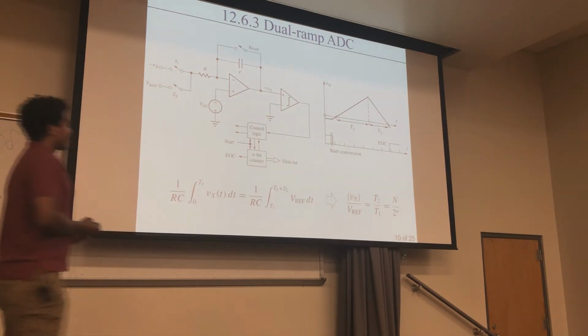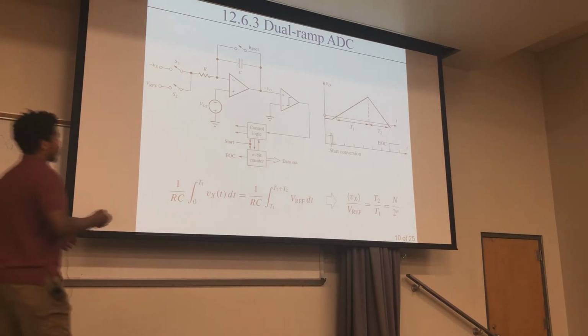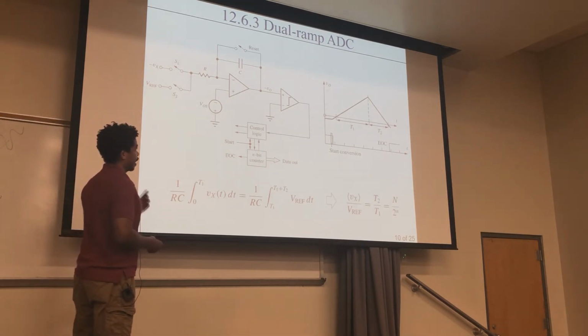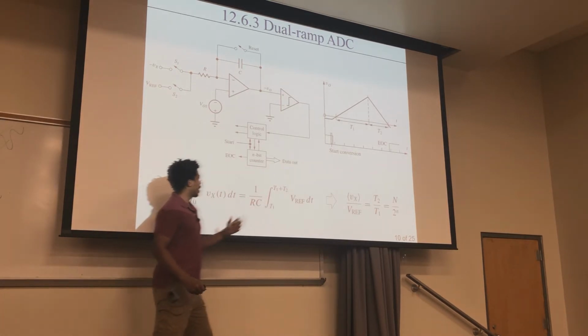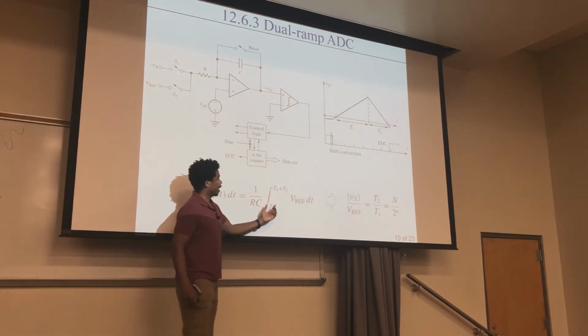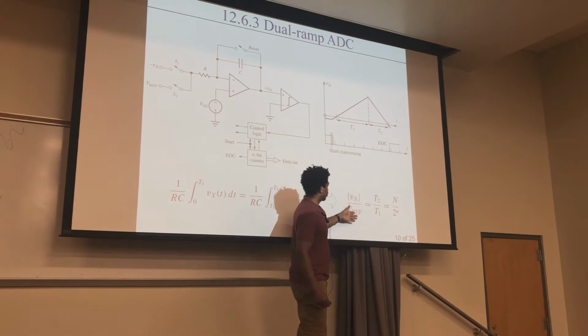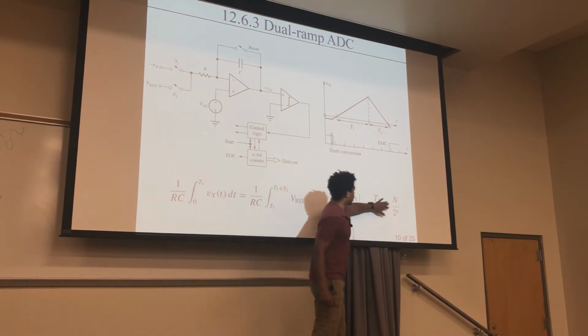Since they're all going up and down at the same value of that integral, you can set these two things equal together, right? Here's the overall RC of the system right here. And then you come up with this relationship that the input over ref has the same ratio of n over the maximum value here.